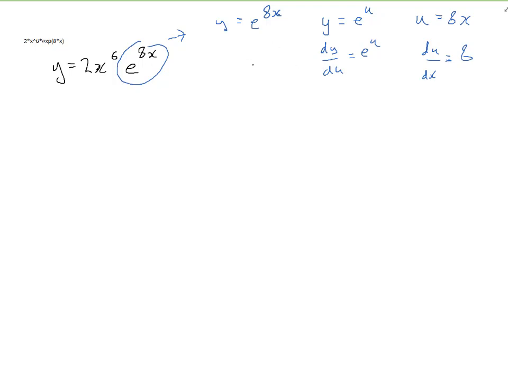And now you can get from that dy by dx, which I might want to write as y dashed in a minute, equal to this times this using the chain rule. So e to the power u times 8. Finally remember that u is equal to 8x.